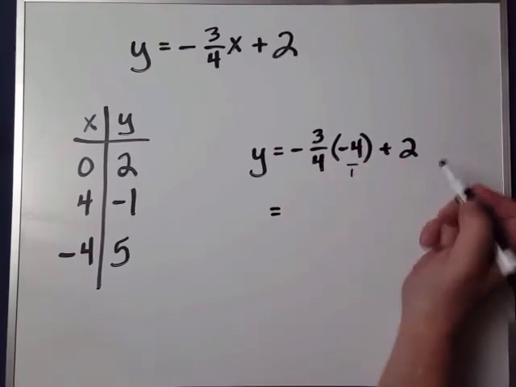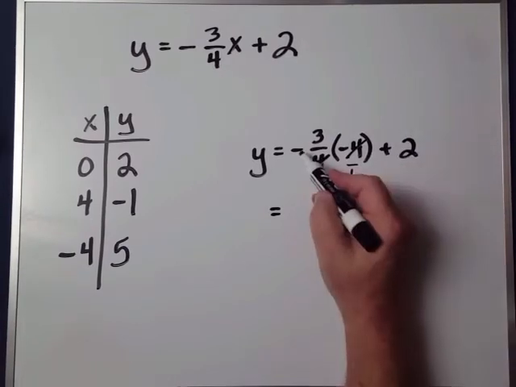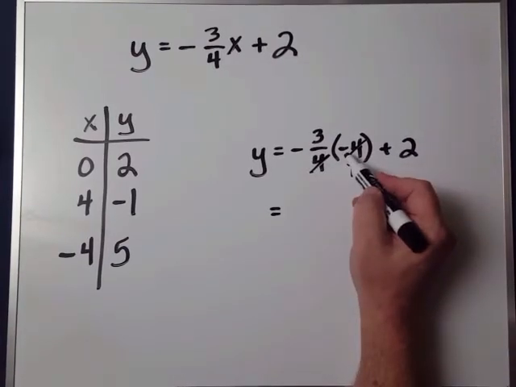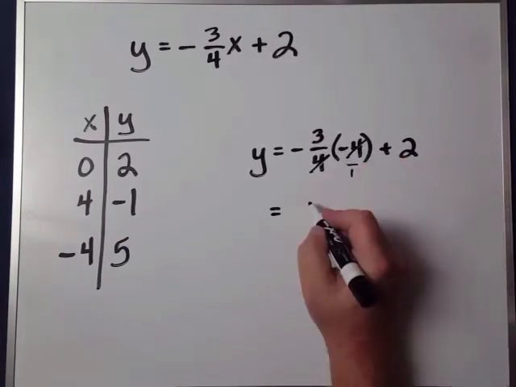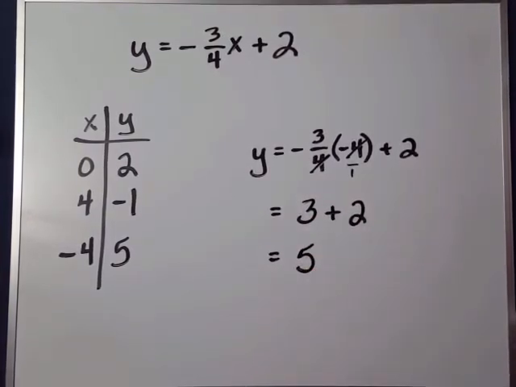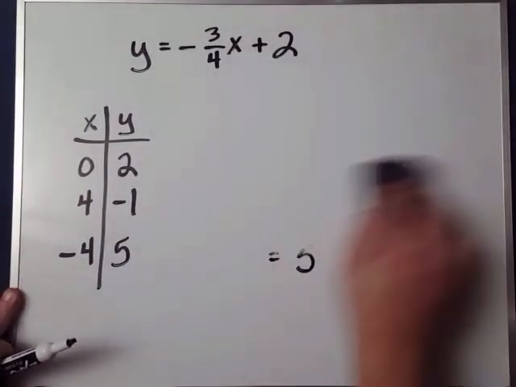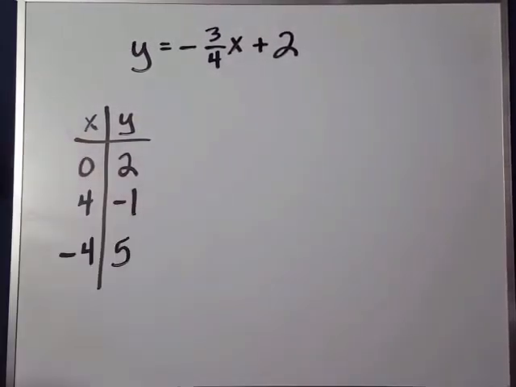So that negative 4 is over 1. My 4's cross cancel. A negative times a negative is positive, leaving me a positive 3 over 1, which is just 3. We found the 3 points that she asked for.